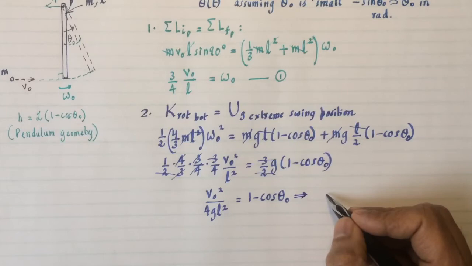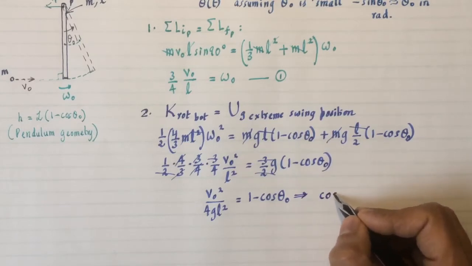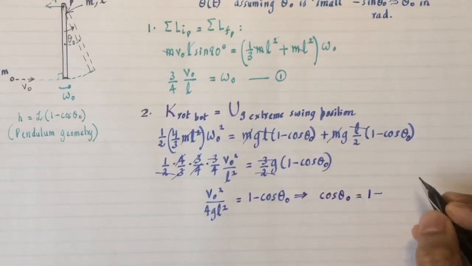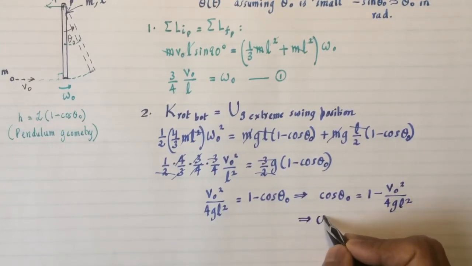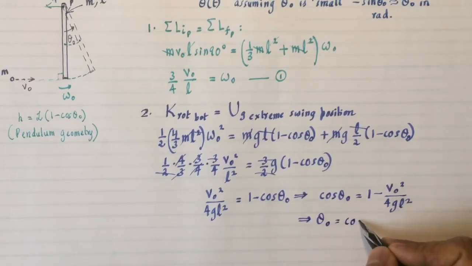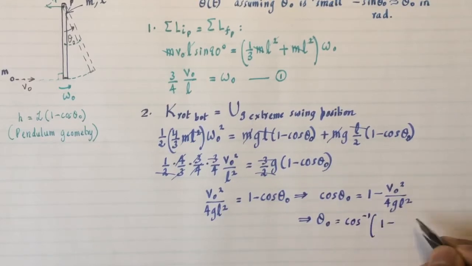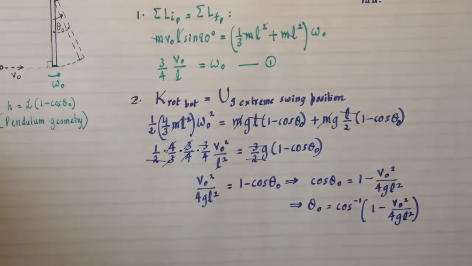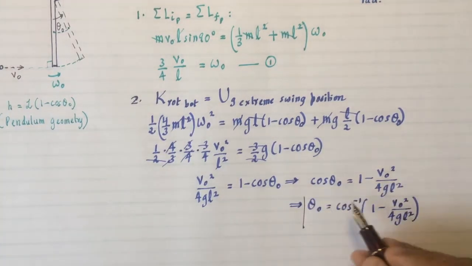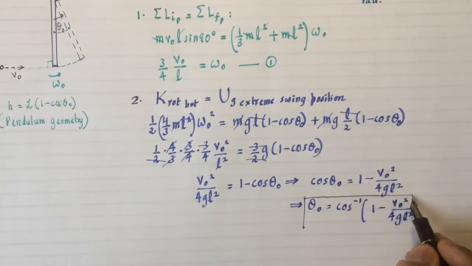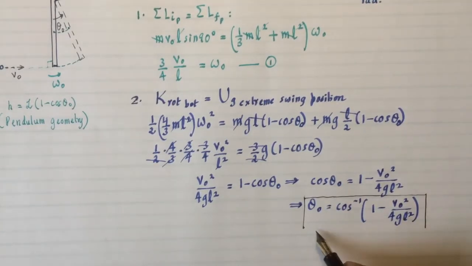Let me write this as cosine theta naught equals 1 minus V naught squared over 4GL squared, and that gives me theta naught, which is the arc cosine of 1 minus V naught squared over 4GL squared. So that's a good intermediate result to have, because that'll tie into our equation there.